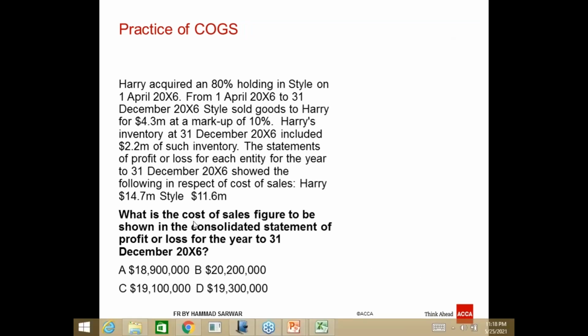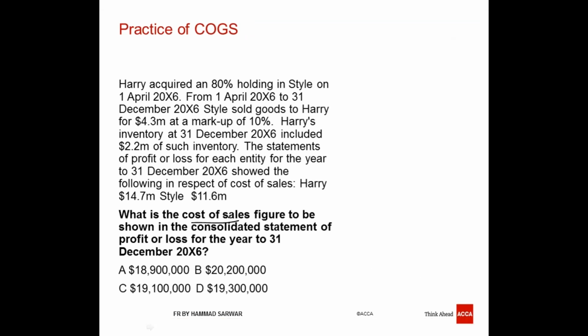The second question is related to the cost of sales. The cost of goods sold figure will be calculated. First, you need to take Harry acquired an 80% holding in Style on 1st April. So the date of acquisition is 1st April, the year end is 31st December.